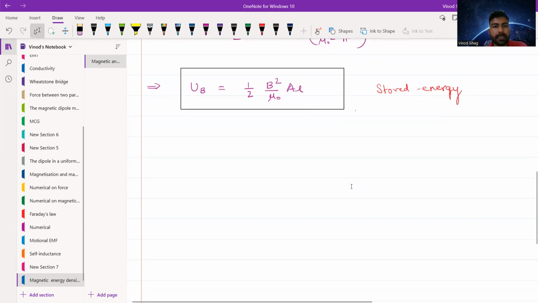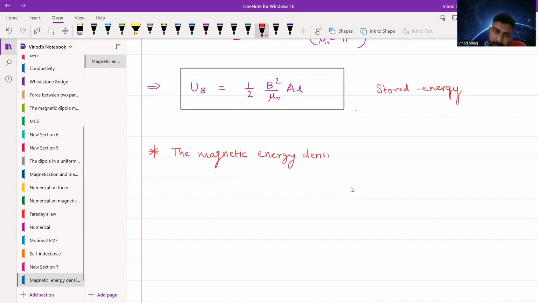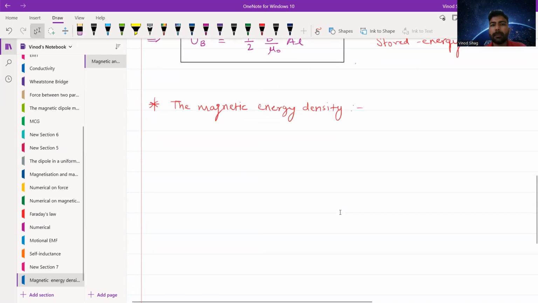Now, we are going to find out the magnetic energy density. The magnetic energy density will be given by the magnetic energy divided by its volume.